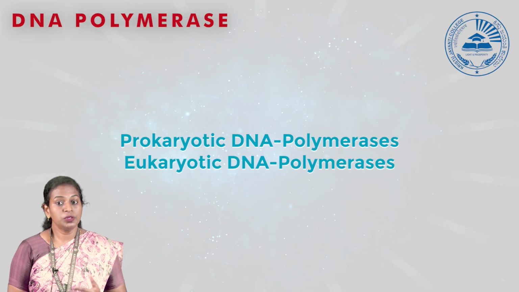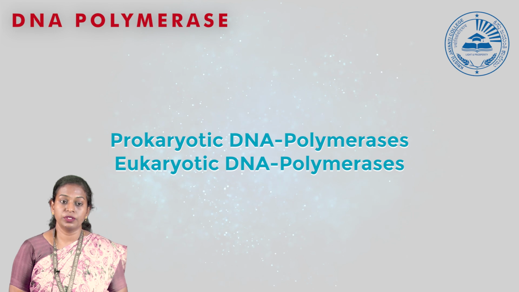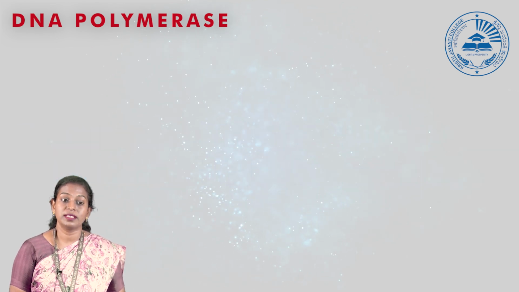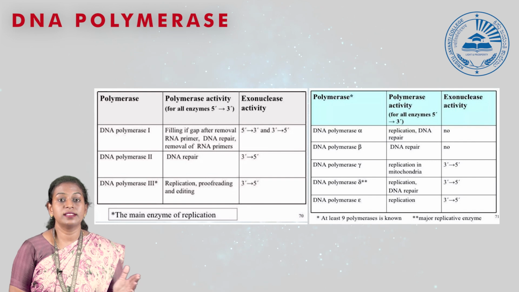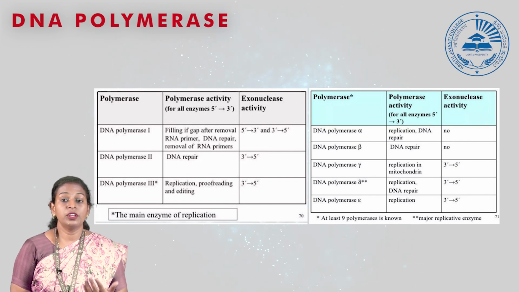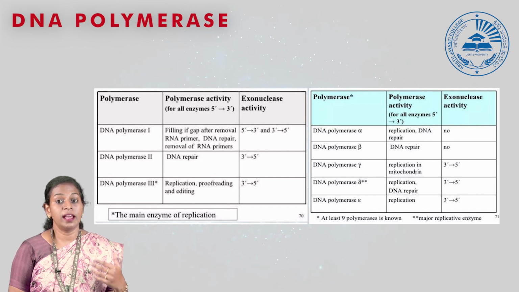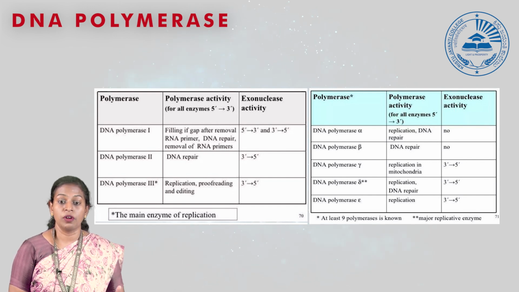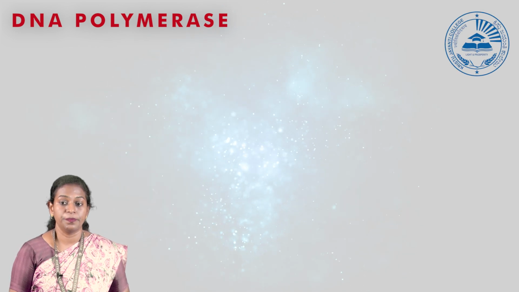There are two groups of DNA polymerases, prokaryotic and eukaryotic. Prokaryotic DNA polymerases are of three types, polymerase 1, 2, and 3, which have special activities inside the cell. The eukaryotic DNA polymerases are of five types: alpha, beta, gamma, epsilon, and delta, which have their own activity inside the cell.